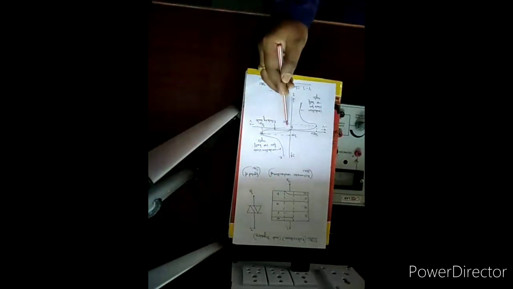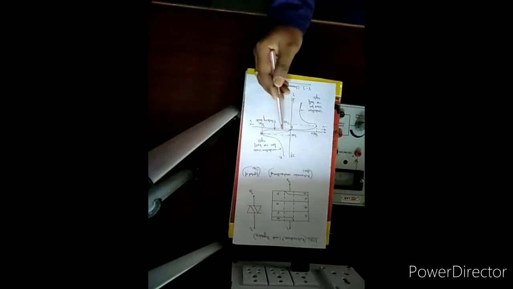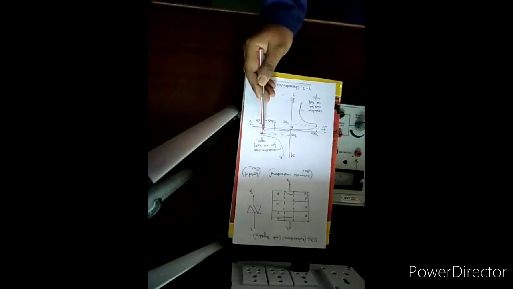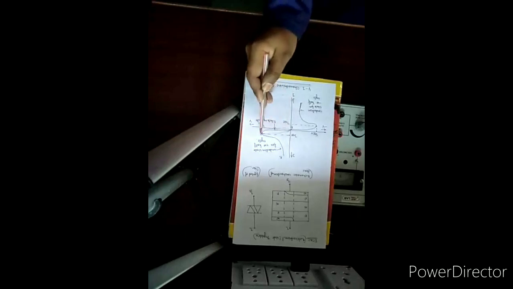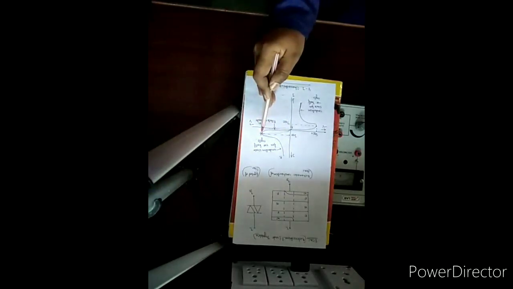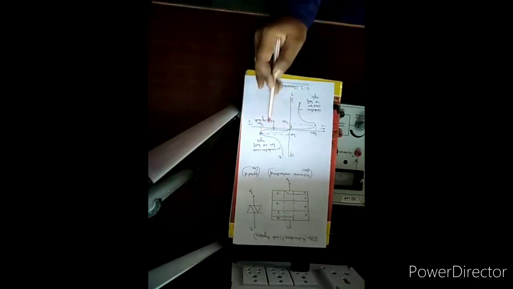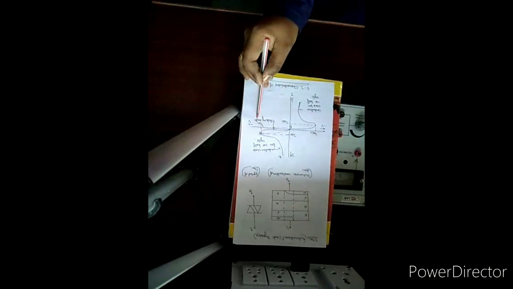The device remains in non-conducting mode during this period. This portion of the characteristics is shown by the range OA, and it is called the blocking state.